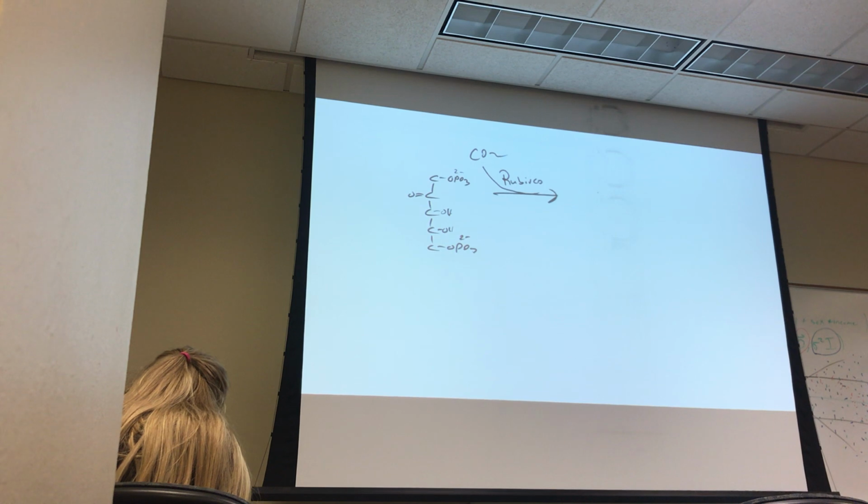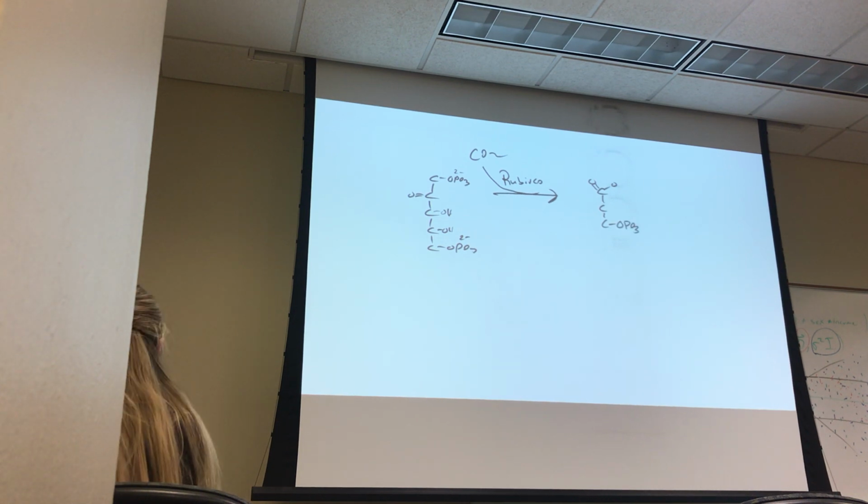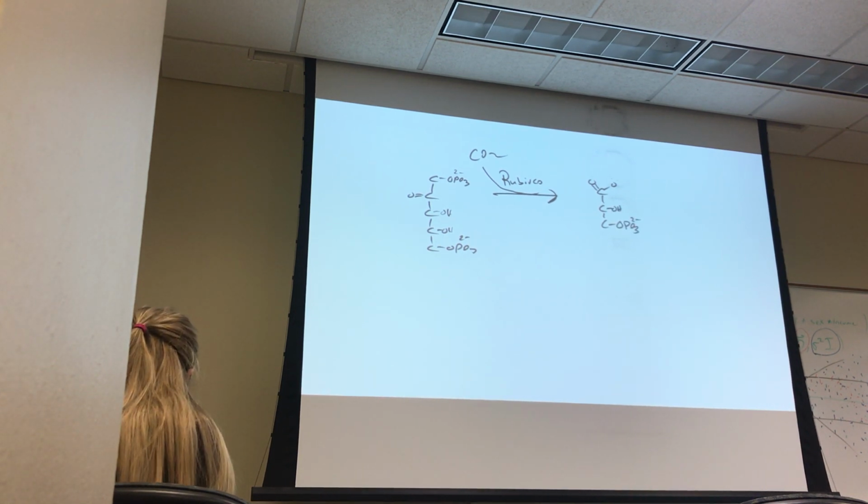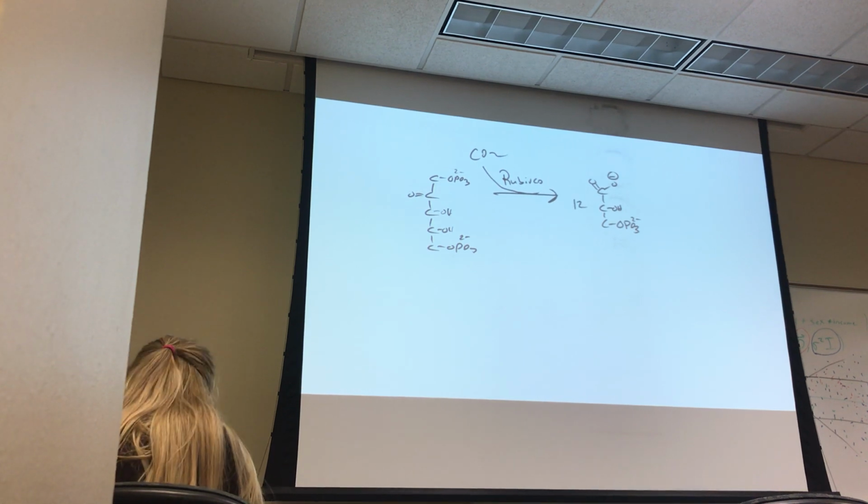Is we make phosphoglycerate. Why am I doing this? Just to bang it into your heads. That's all. The more you see it, the better off you are.